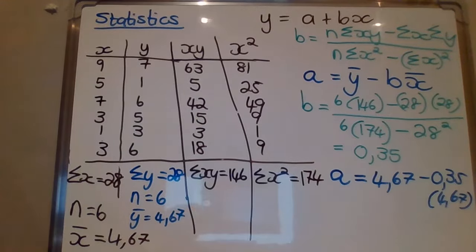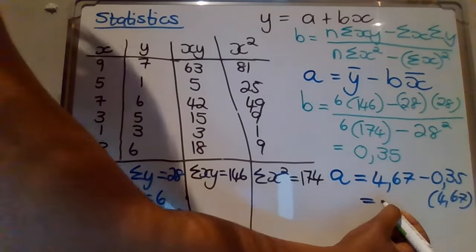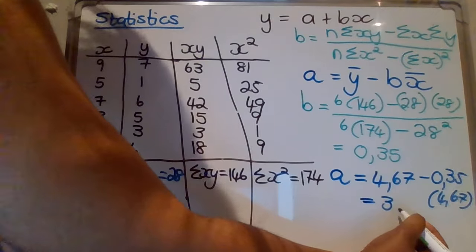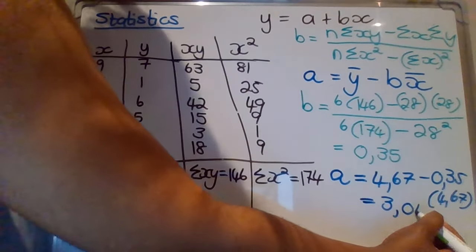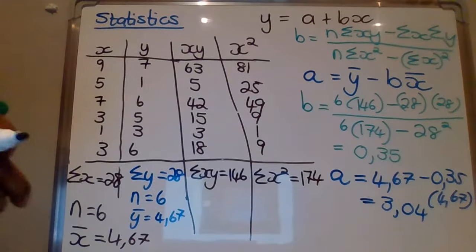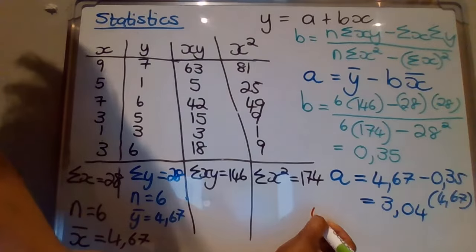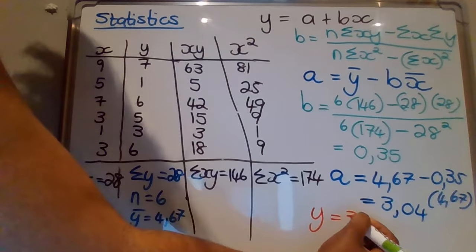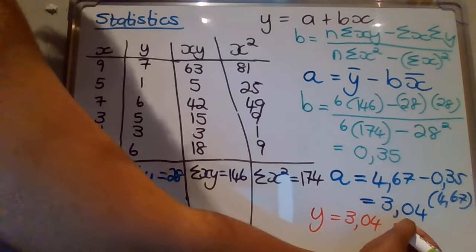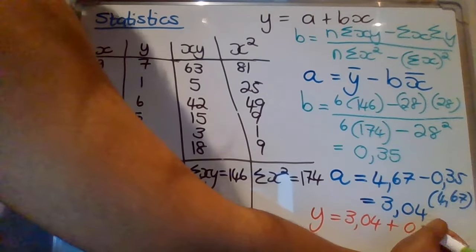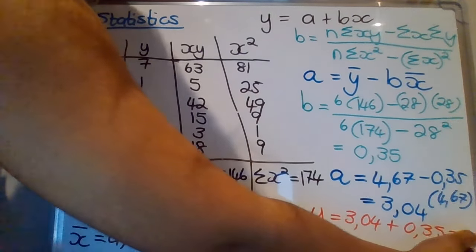All right, so when I put that into my calculator, I get that A is equal to 3.04. So therefore my line of best fit is equal to 3.04 plus 0.35x.